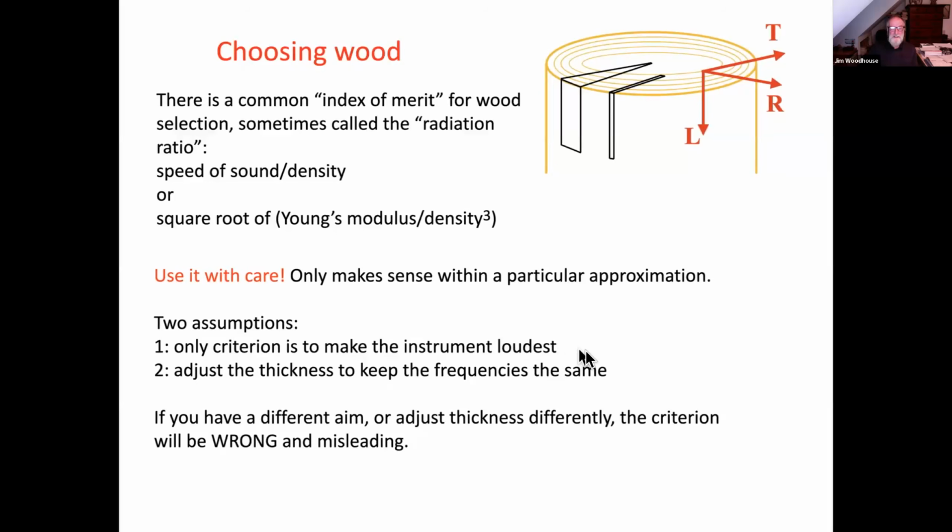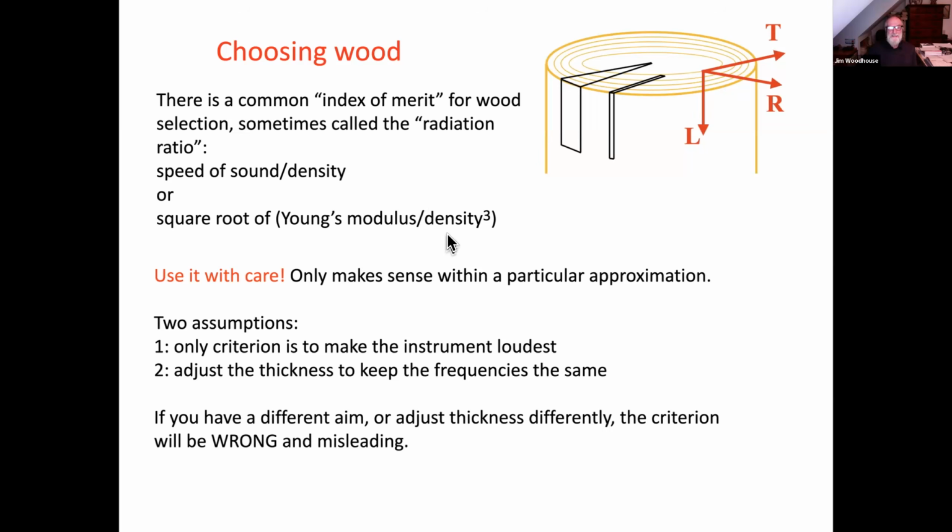I'm not saying the criterion is not useful under any circumstances, because roughly speaking, people do quite like to make loud instruments, and probably you do make your stiffer plates a little thinner. And so you will go in the direction of satisfying both of these approximations. And that means that this criterion will give you a guideline for wood selection, but not a guideline that works to two significant figures.